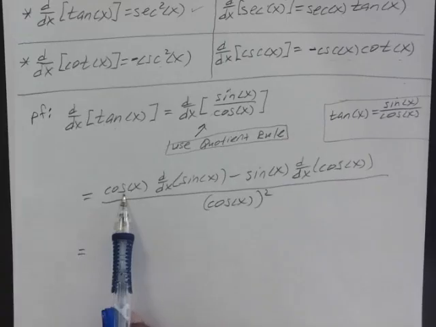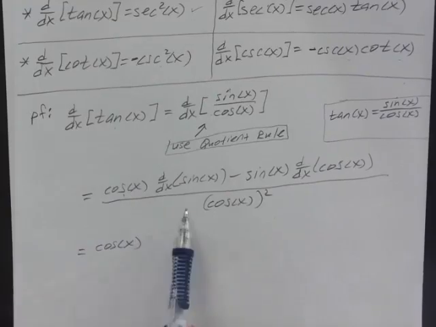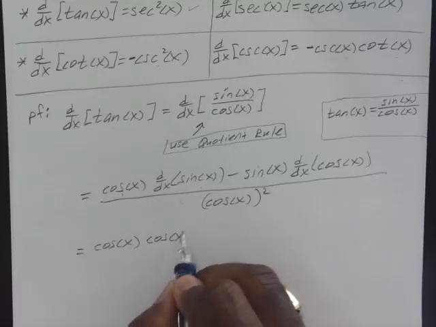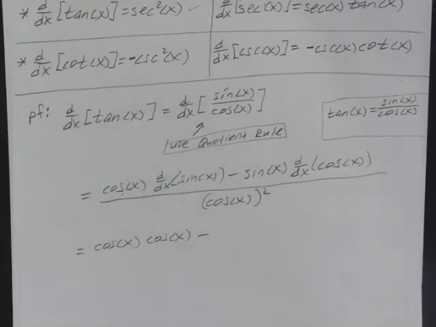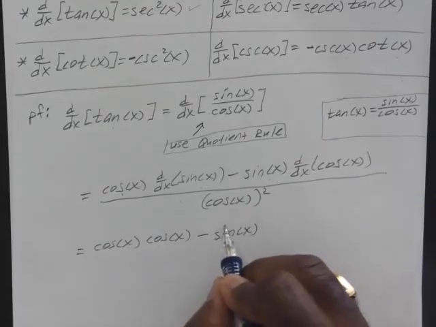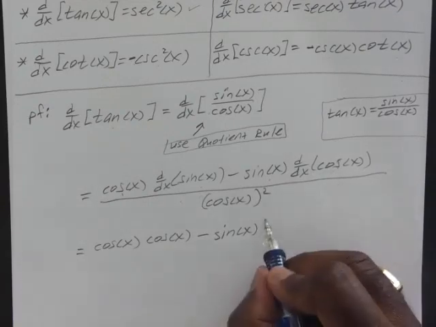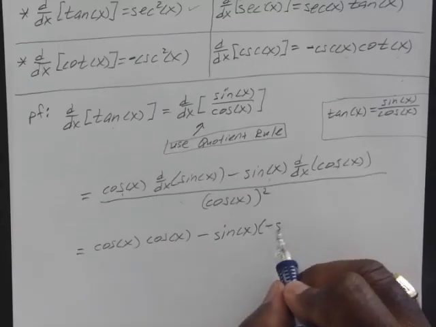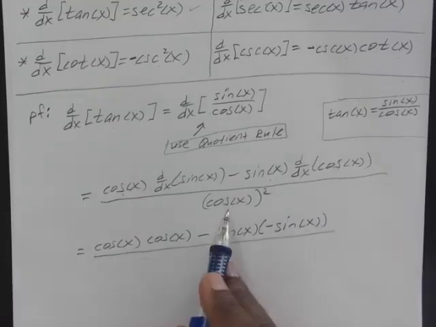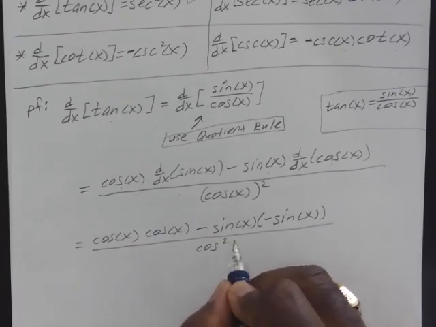Okay, so we have cosine of x times the derivative of sine, which is cosine. So cosine of x times cosine of x minus sine of x times the derivative of cosine, which is negative sine. So we replace that derivative of cosine of x with negative sine of x, all divided by your denominator squared, which is cosine of x squared.